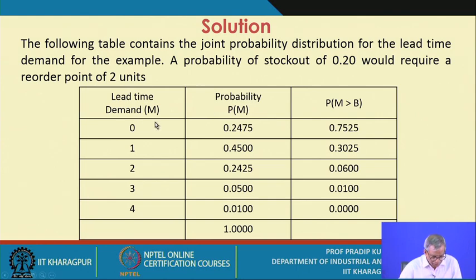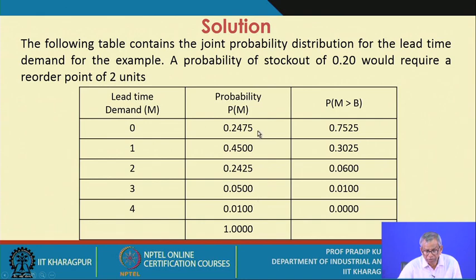That's why for the lead time demand we have used the notation capital M. It varies from 0 to 4, and you may have a lead time demand of 1 unit or 2 units or 3 units also, and the corresponding lead time demand probability we have also computed.